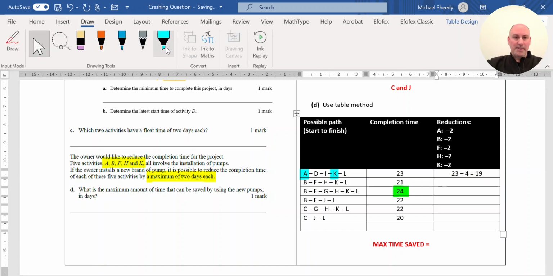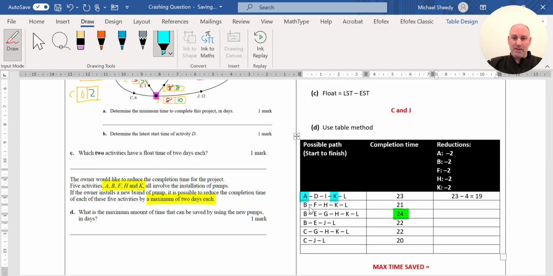Now repeat the process for path number 2 I've listed here, which is BFHKL. Compare that to the activities we've got in the reduction column. B is one I can reduce, F is one I can, H is, K is, L is not. So here I'm able to reduce 4 activities and up to a maximum of 2 hours each.